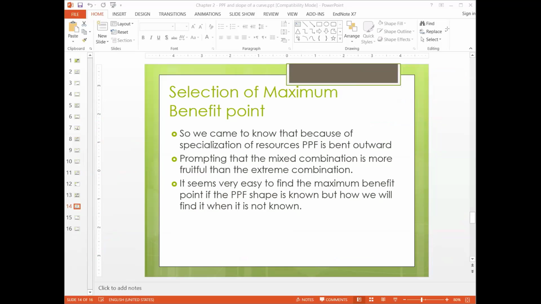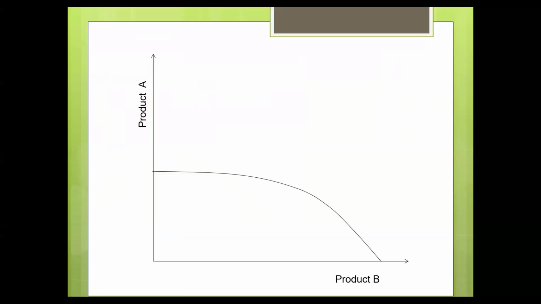Okay, the screen. So suppose in real life you do not know the shape of the PPF, and as an entrepreneur, as a businessman, you have two products that you are going to produce. As a new seller, the shape of the PPF is unknown.